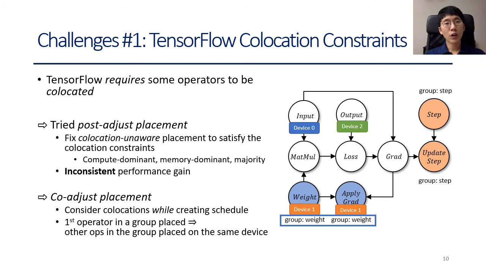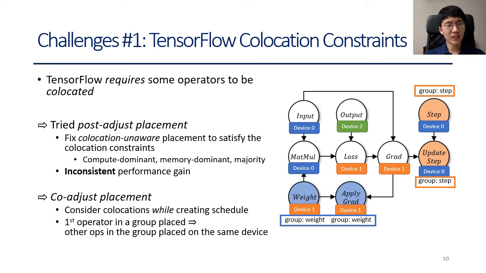Instead, we use co-adjust placement that considers this co-location requirement while scheduling. Particularly, when placing the first operator in a co-location group, we place other operators in the group on the same device. With this approach, we can get consistent performance improvement.